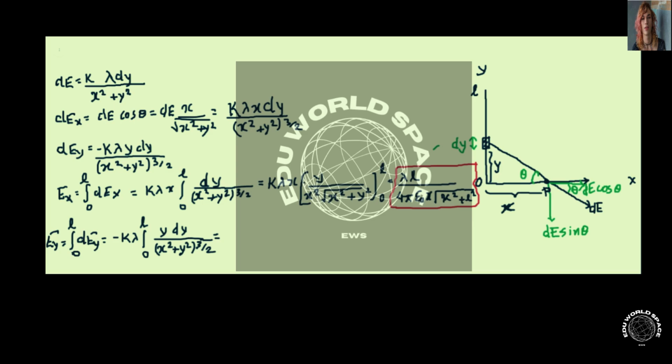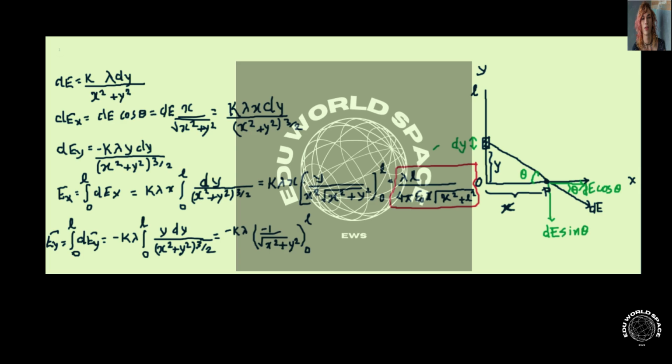Now if you integrate this by looking in the appendix, this turns out to be minus k lambda times 1 upon root under x squared plus y squared from 0 to L, right? I missed a negative sign here.